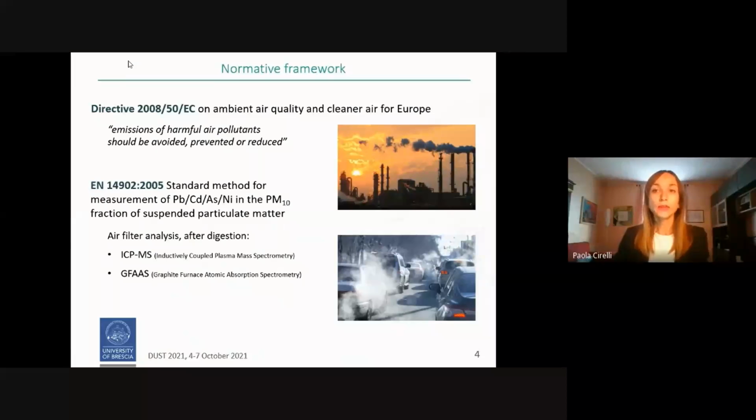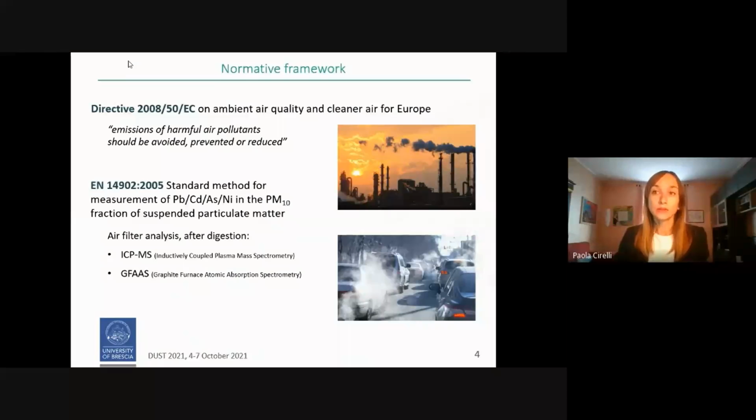According to the European norm 14902 of 2005, air pollution can be evaluated analyzing air filters that collect air particulate matter. The normative establishes that the reference methods that can be used to determine the chemical composition of air filters are ICP-MS and GFAAS.